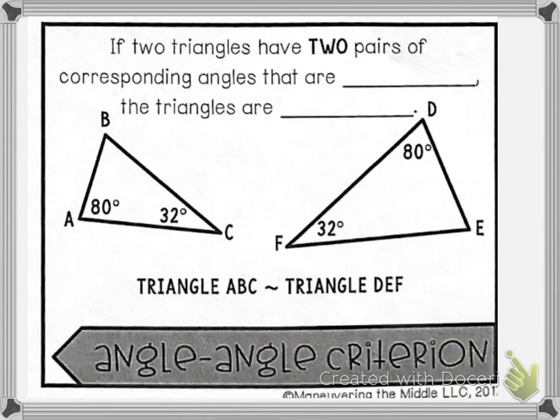And the last one that we're going to talk about is the angle criterion. If two triangles have two pairs of corresponding angles that are congruent, the triangles are similar.